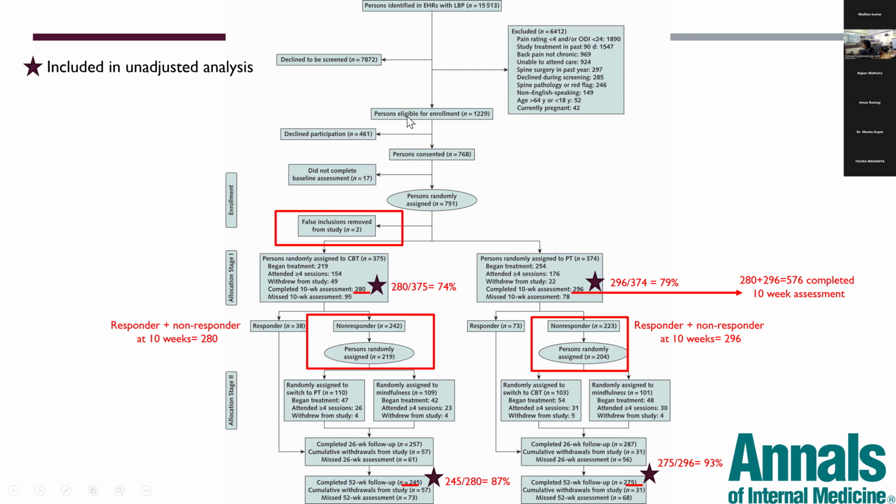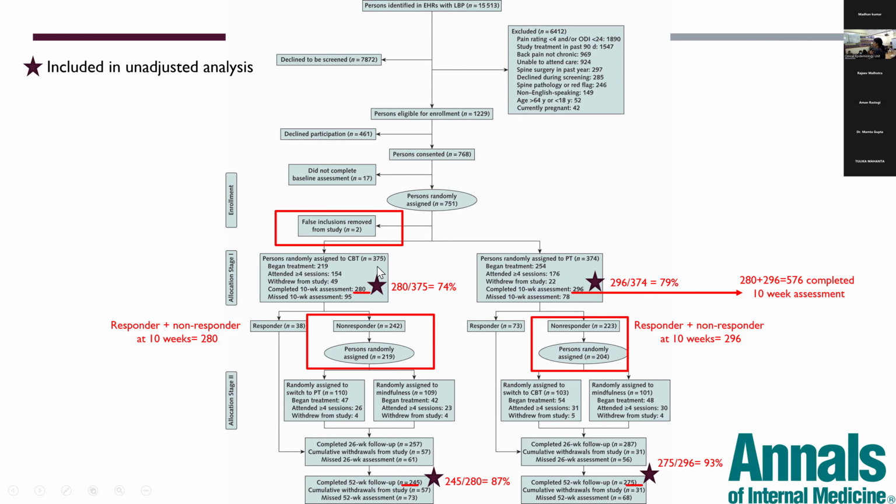Then eligible for enrollment was 1,229. Out of this, 461 again declined to participate, so 768 consented. After this, 17 people did not complete baseline assessment, so they randomized 751. Out of the 751, they found out that 2 were falsely included in the study. They had some reasons for exclusion.